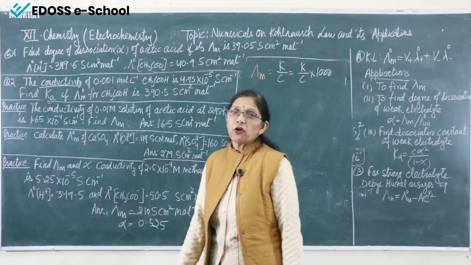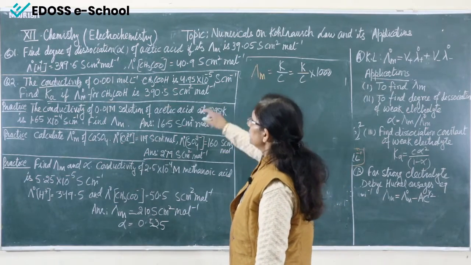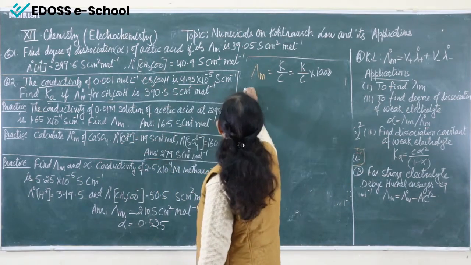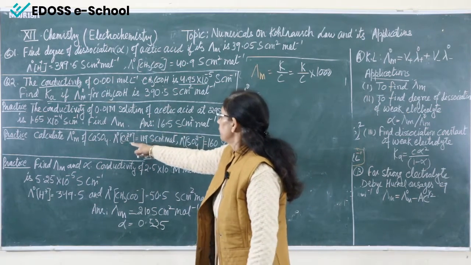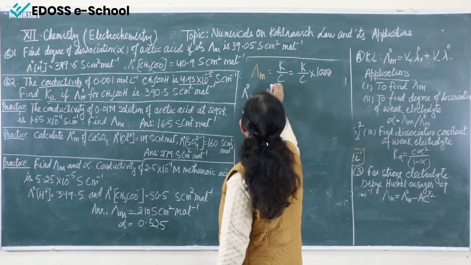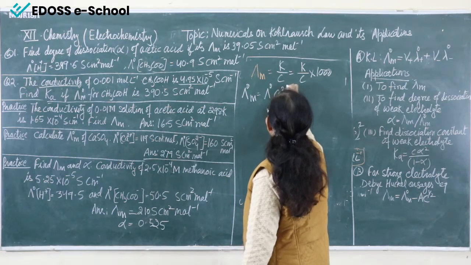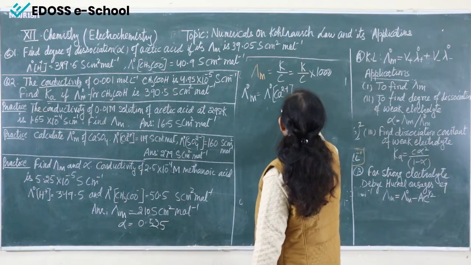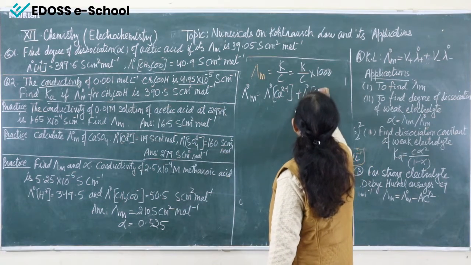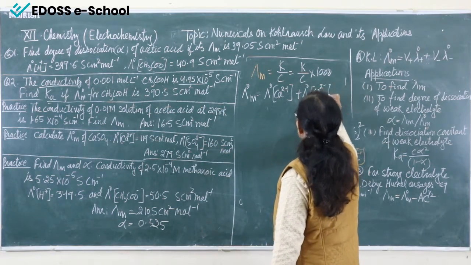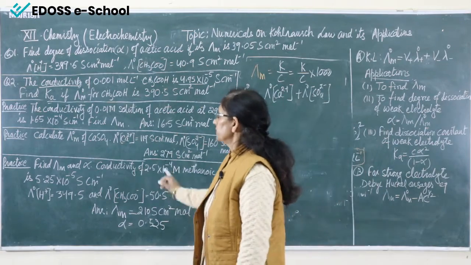Here you have to apply Kohlrausch law. Okay. So here you can easily find this lambda naught m. This is equal to lambda naught for calcium ion plus lambda naught for sulfate ion, and then you will get the answer here.